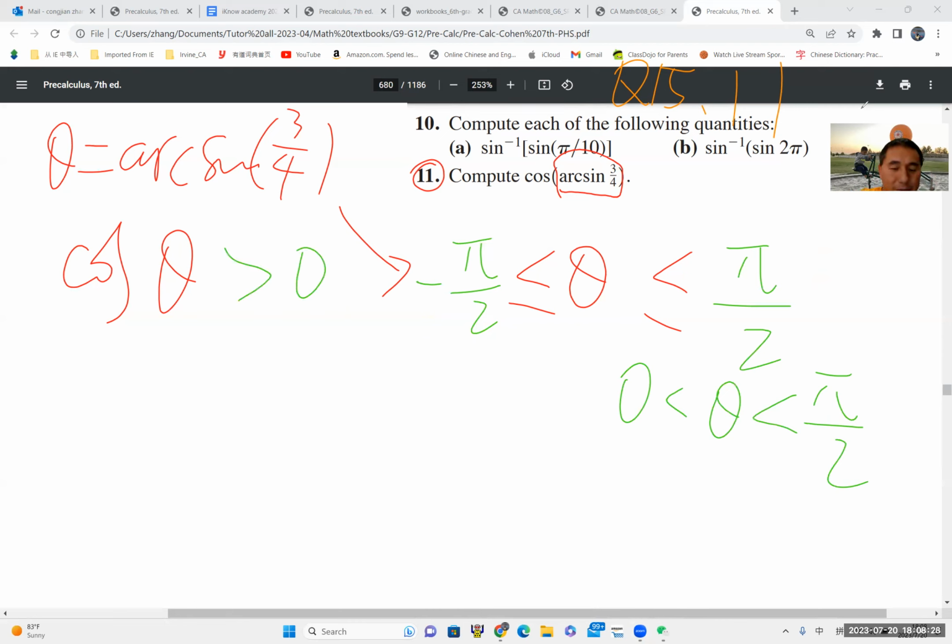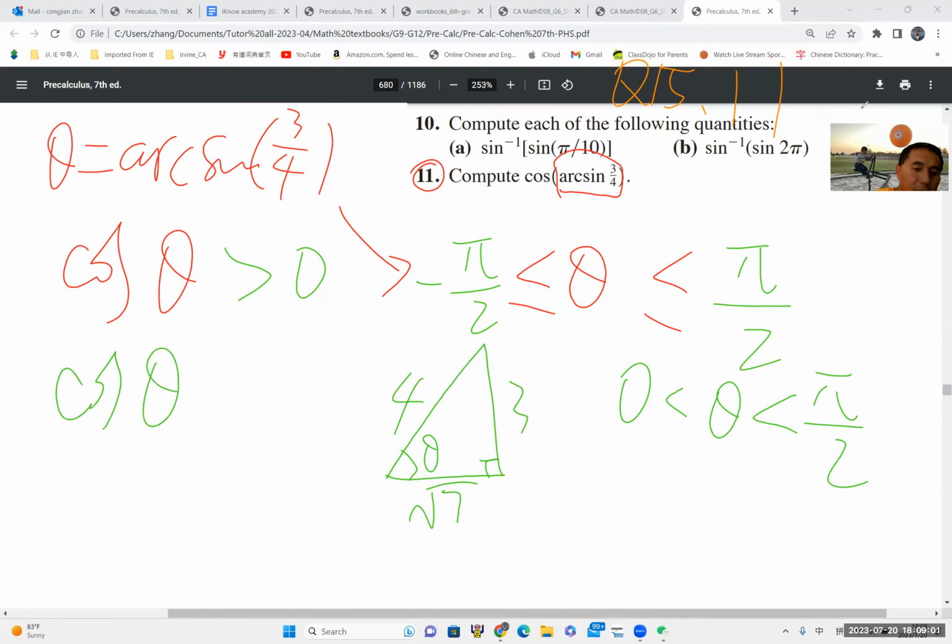Now we can use a right triangle. This is theta. If the hypotenuse is 4, then the opposite is 3. Then we can get the adjacent is square root of 7.